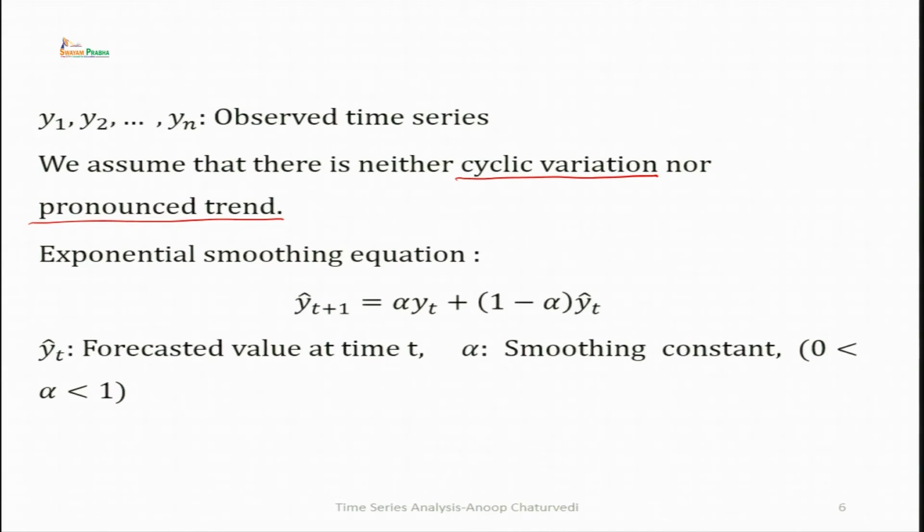Then the exponential smoothing equation is y hat t+1 is equal to alpha y_t plus (1 minus alpha) y hat t.